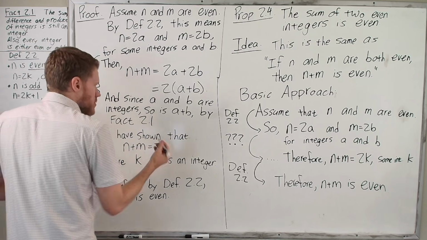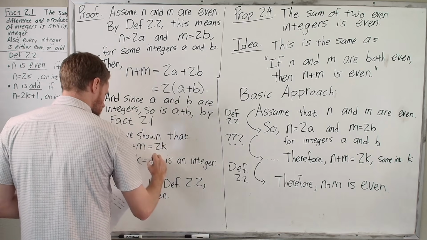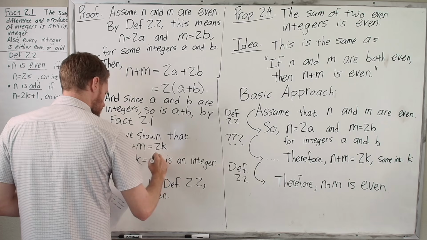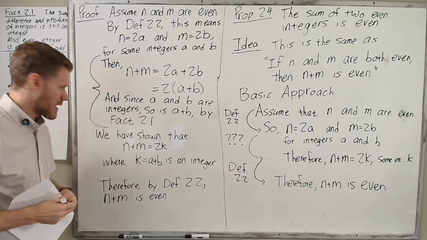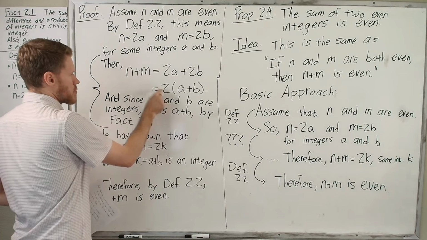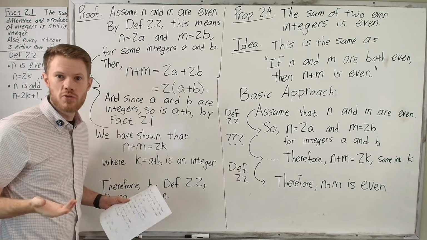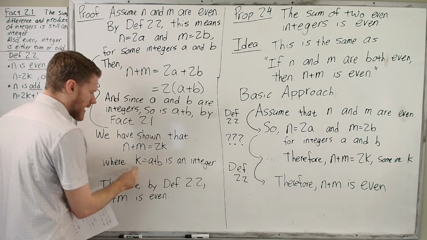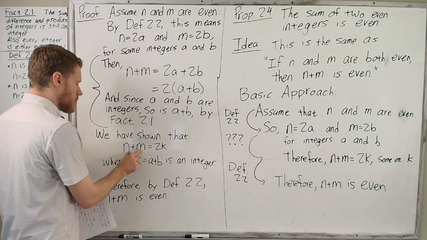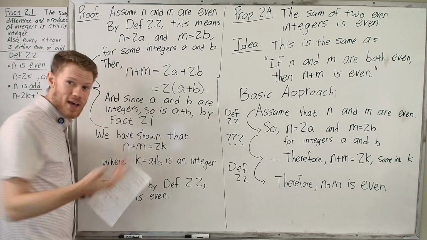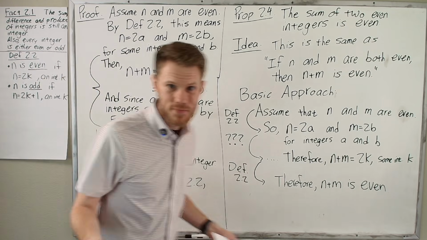So the thing is, just switch it out. It is an integer. So n plus m equals 2 times an integer. We just established that as an integer. So let's just give it a new name. Let's call that integer k. And now we have n plus m equaling 2k. And that's exactly what we want.